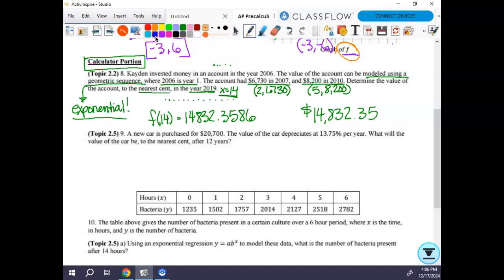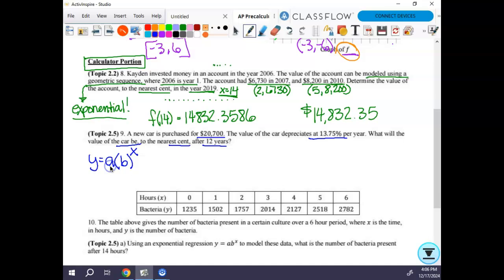A new car is purchased for $20,700. The value of the car depreciates at 13.75% per year. What will the value of the car be to the nearest cent after 12 years? All right, so here we have to write the equation, all right? And remember, it's y equals a times b to the x.